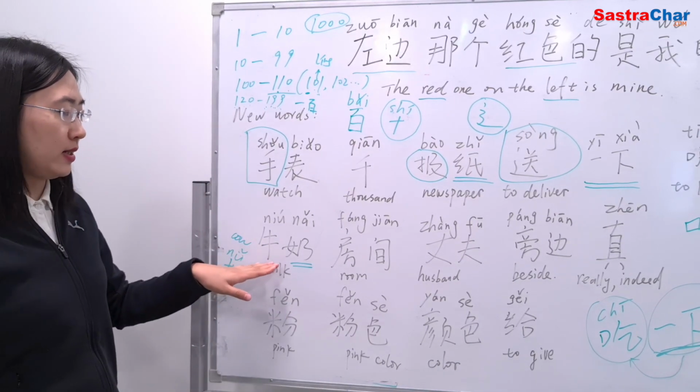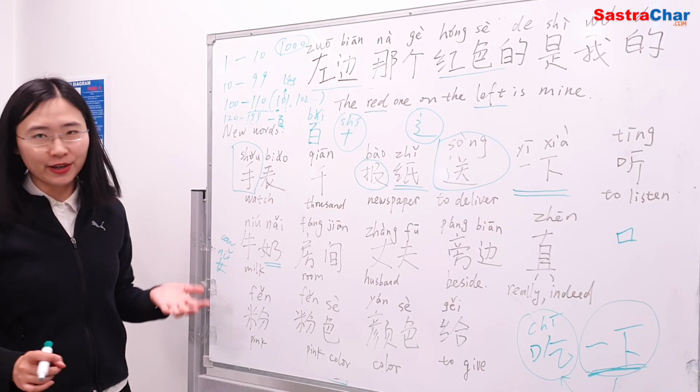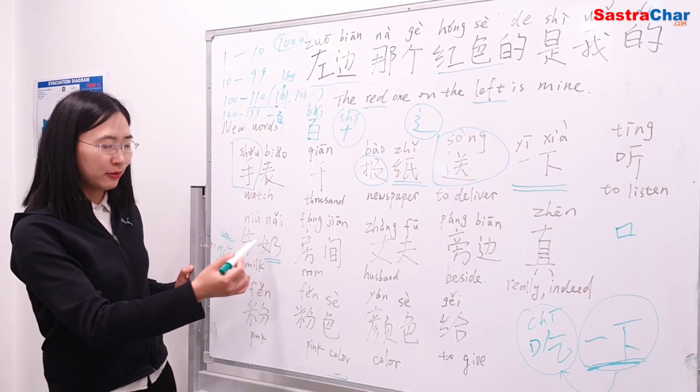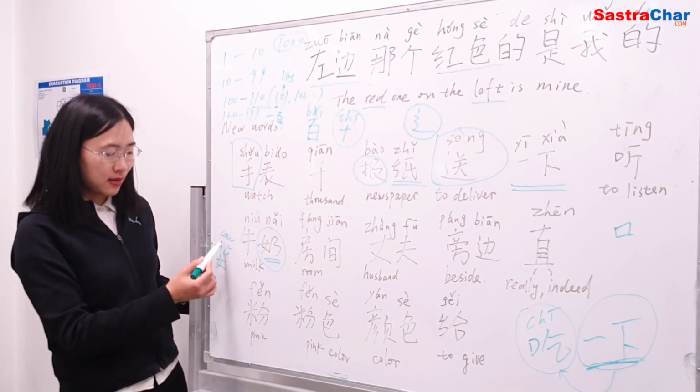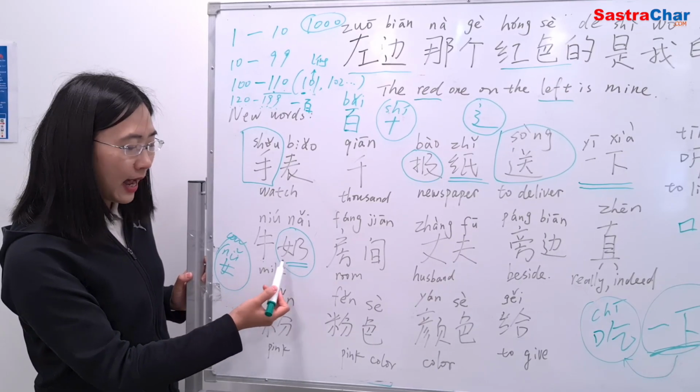So the milk comes from the female cow, of course, the female animal. That's why we have this 奶 with the 女 part. So this is cow milk.